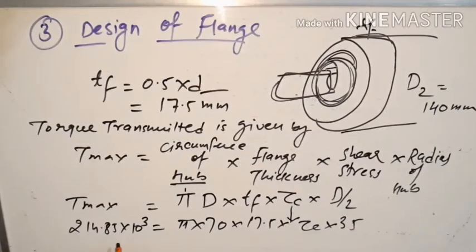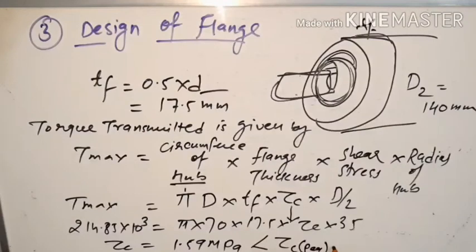So you find the value of tau c is 1.59 megapascal, which is also less than the permissible value, which is 8 megapascal from your question. So it is also safe. Okay, so Tf and D are now safe.